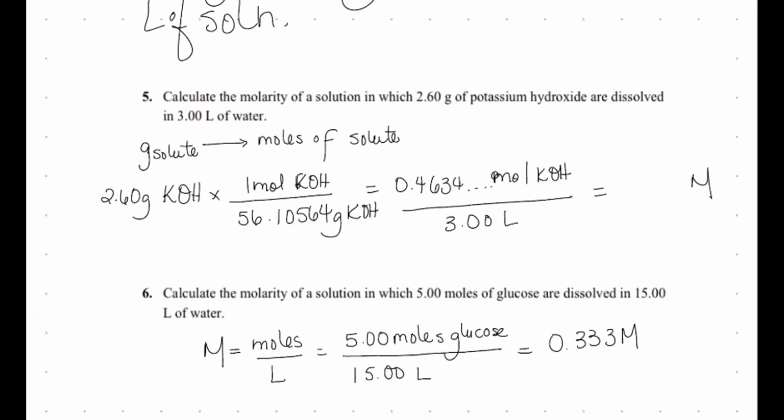We're doing multiplication division. 3 sig figs. So overall is 0.154. Okay. Questions on calculations of molarity?